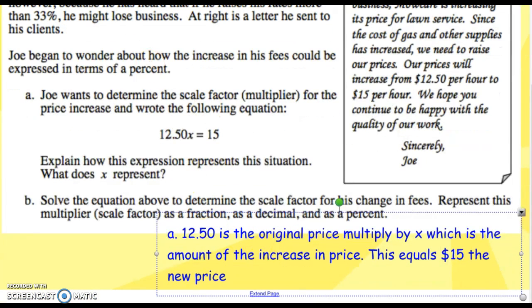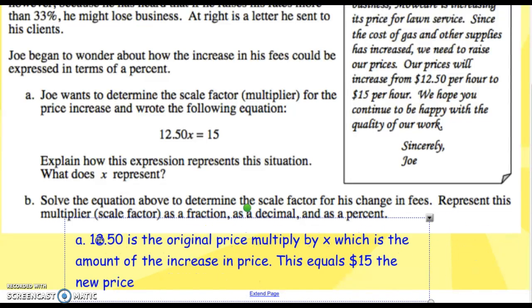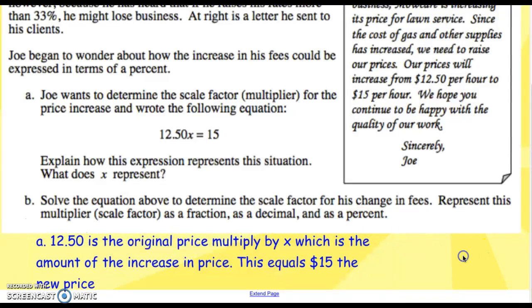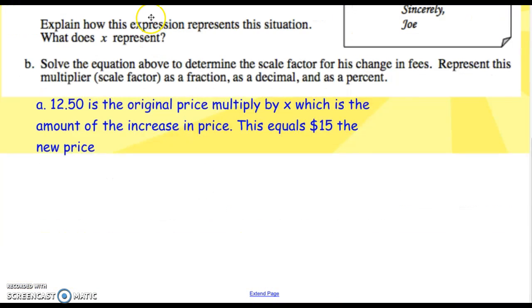Okay, so x is how much they are raising the prices by. B says, solve the equation above to determine the scale factor for his change in fees. Represent this multiplier scale factor as a fraction, decimal, and percent.